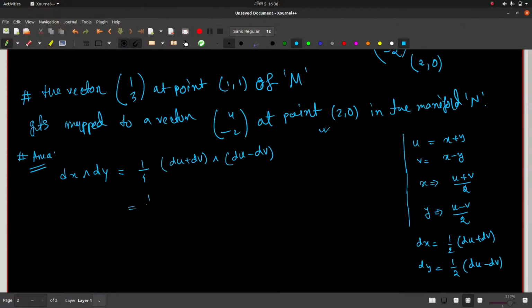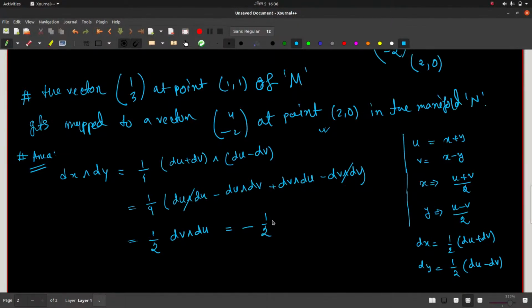And if you do the algebra, this is 1/4 [du wedge du - du wedge dv + dv wedge du - dv wedge dv], and du wedge du and dv wedge dv are by definition 0. And if you flip the minus sign over here, this will become 1/2 dv wedge du, or you can equivalently write this as minus 1/2 of du wedge dv.